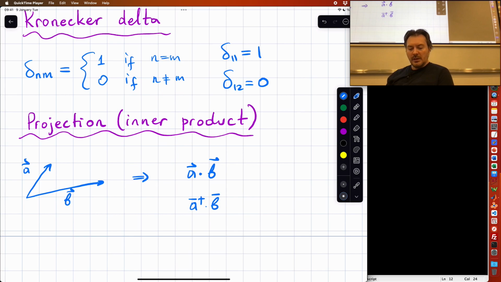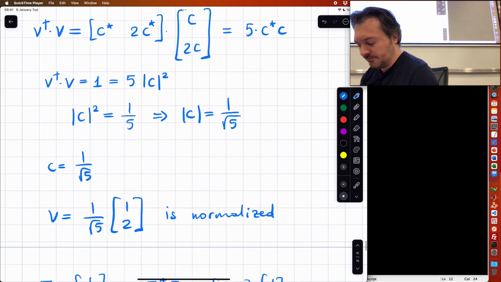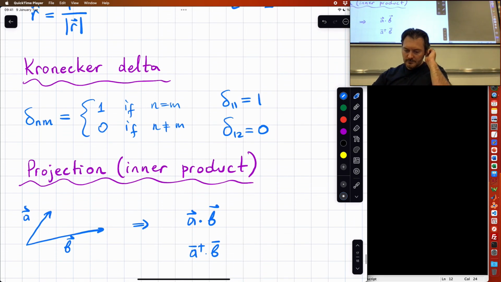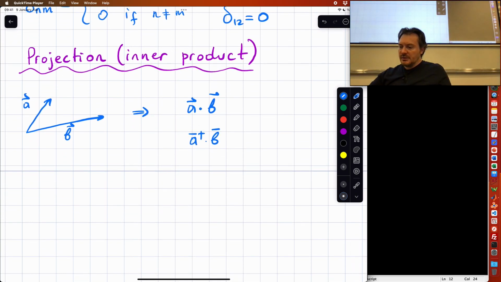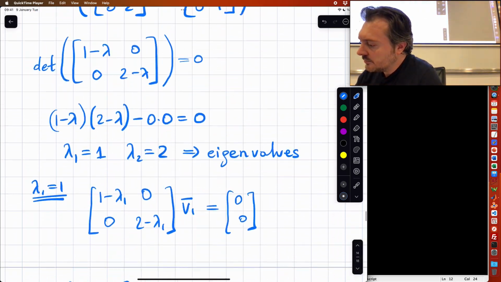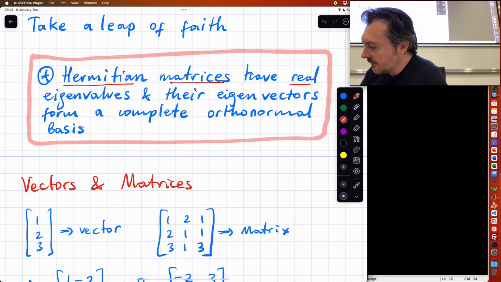So what we were doing is taking the projection of a vector on top of itself when we were doing V dagger V. Okay? So just to understand our sentence, if you remember, we understand what a Hermitian matrix is, that it has real eigenvalues, and their eigenvectors form a complete orthonormal set.